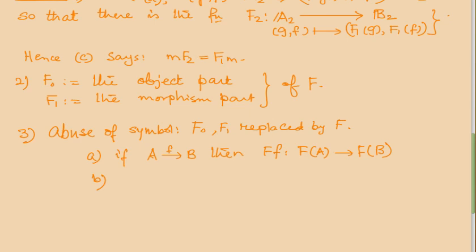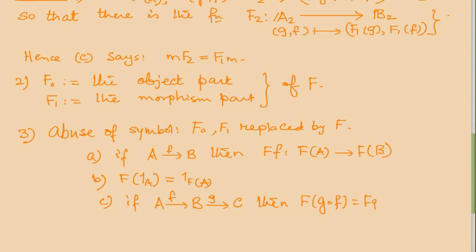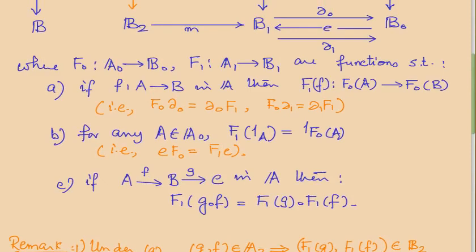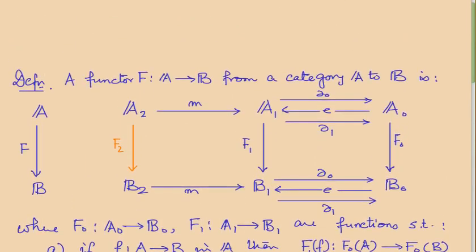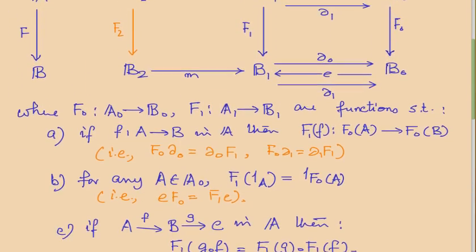So this is actually F1, this is actually F0. F of 1A is 1 of FA, and C becomes F of g composed f is F of g composed F of f. Okay, so in this simpler language, this is a functor.